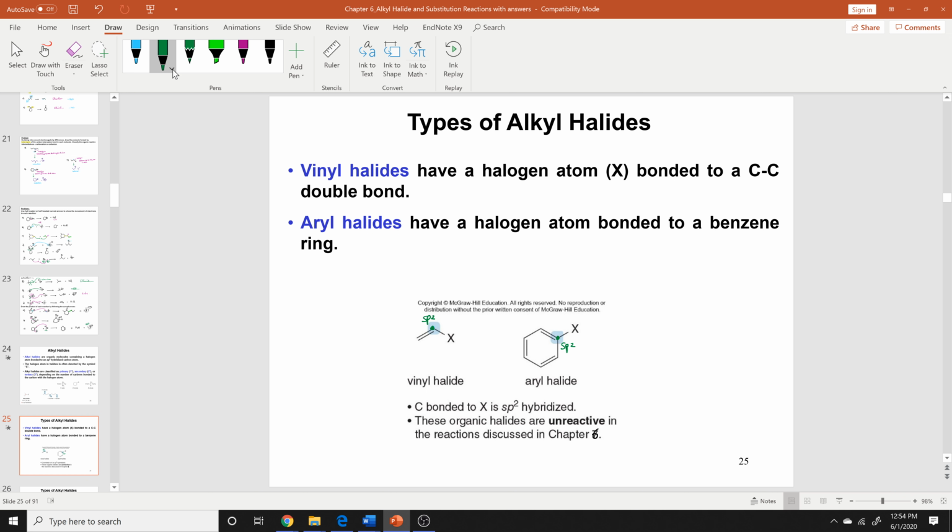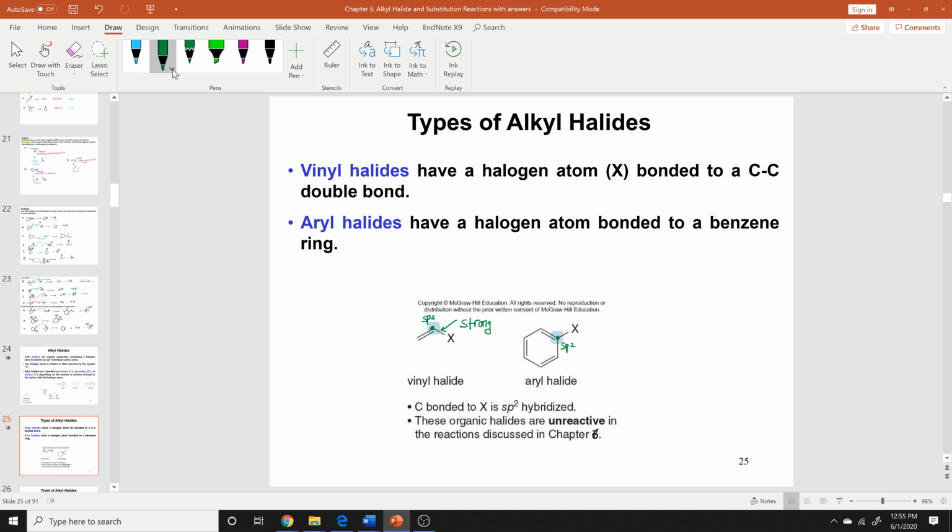But because this group is connected to an sp2 hybrid carbon, which is more electronegative, it's pulling more electrons towards it, and that's going to make that sigma bond strong.